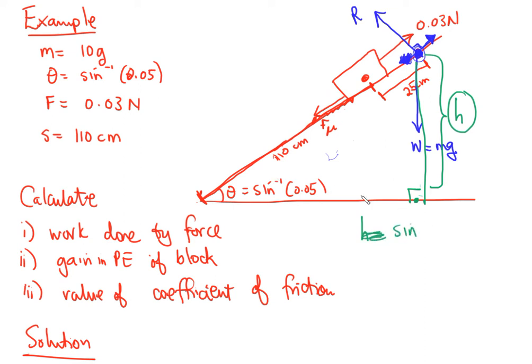Sine theta is equal to the opposite, h, over the hypotenuse. So h is equal to the hypotenuse times sine theta, which is equal to 110 plus the 25 centimeters, which is 1.35 sine theta. That is our h.